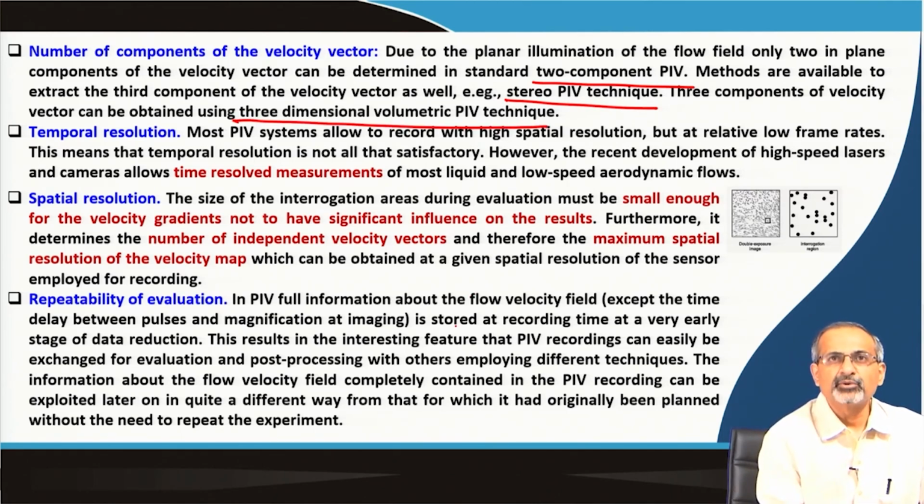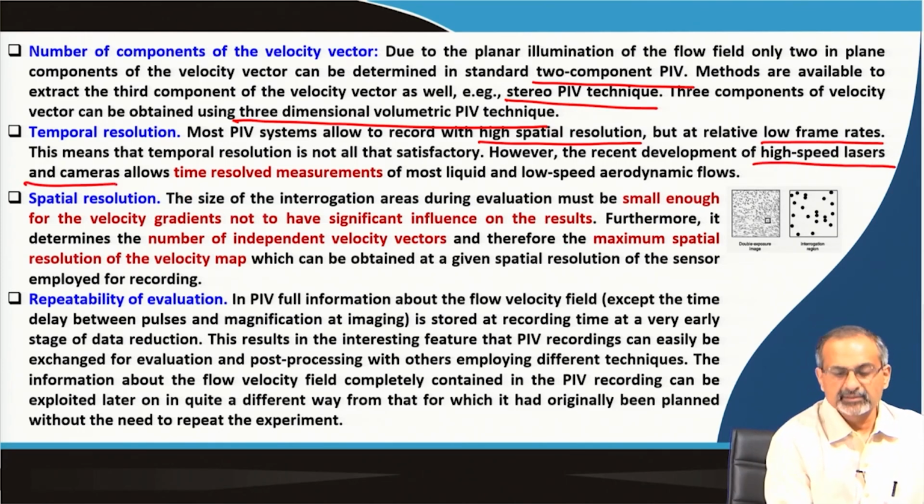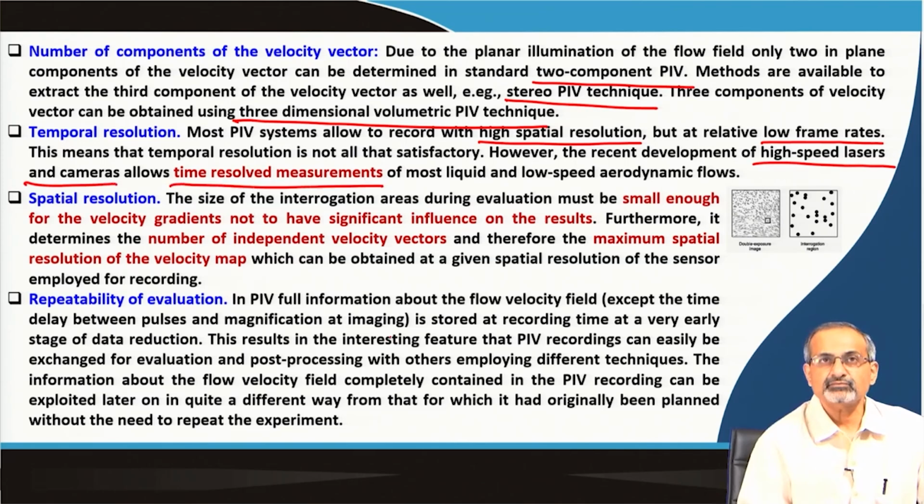When it comes to temporal resolution, though PIV has high spatial resolution, as we mentioned earlier, it still has comparatively low frame rates, and with high speed lasers and cameras we should be able to further improve the time resolved measurements.